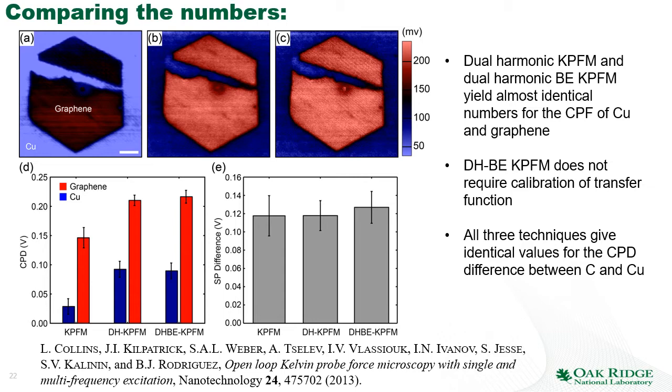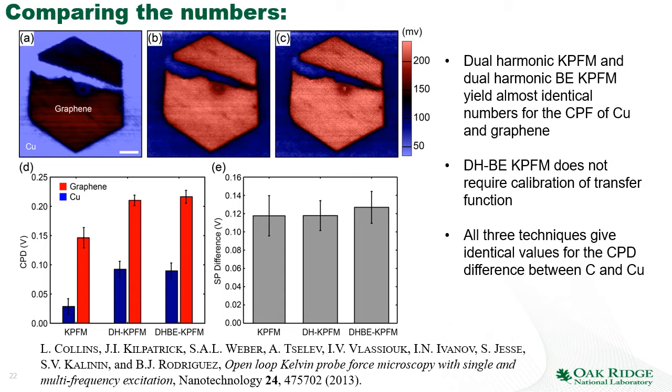And classical KPFM gives a pretty large systematic error, so the values for the CPD are considerably shifted. So this shift happens because of the feedback effect. At the same time, the contrast between the gold and copper and graphene is the same for all three techniques.